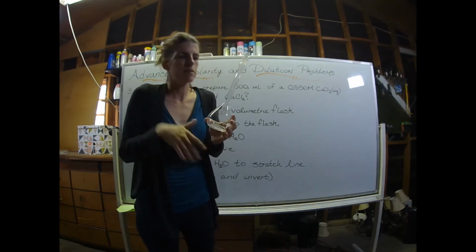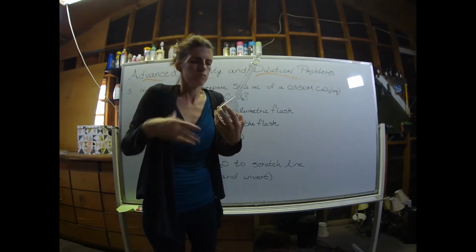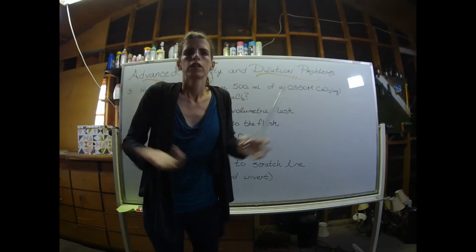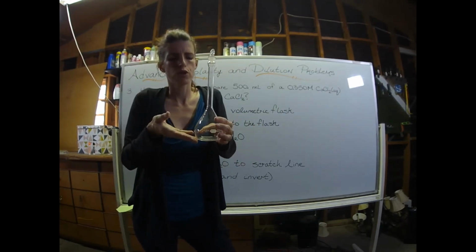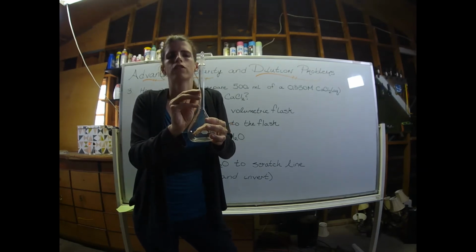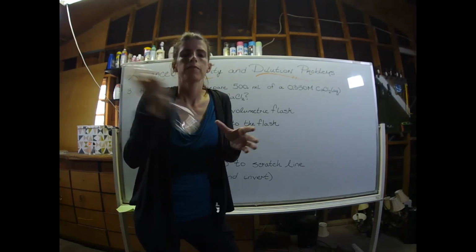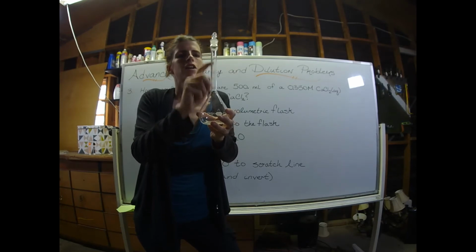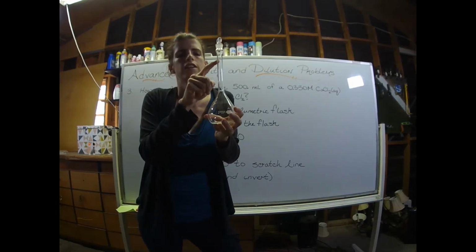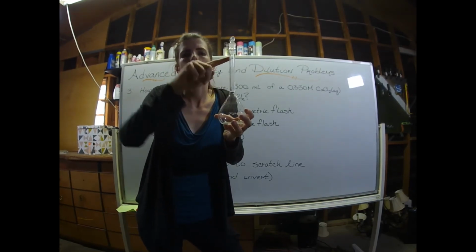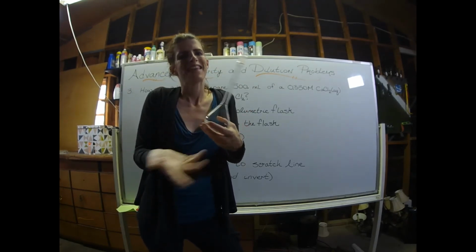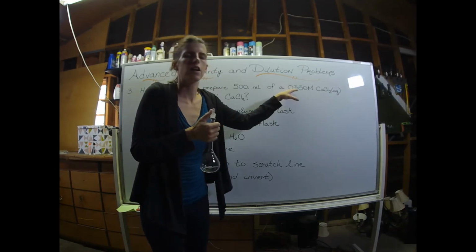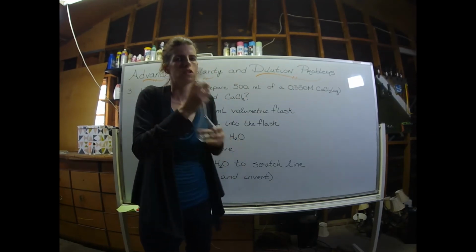Beginning chemists, I've done it myself, you're in a rush, in organic lab or something where time is of the essence. You throw your solid in there and fill it up to the 500 mils. Shake it, and then you're shocked because all of a sudden your solution is near the neck, high above the scratch line. And you're like, whoa, that's not going to be your desired concentration.